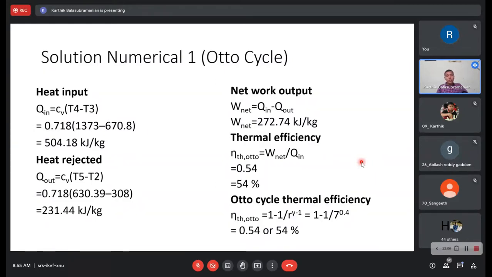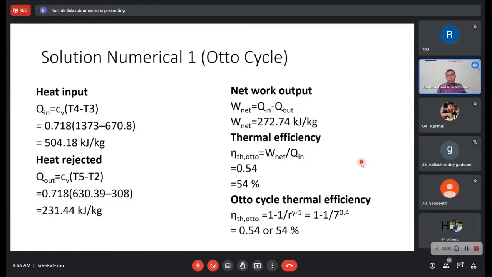In the same way, heat rejected, you can find out as CV delta T, T5 minus T2. Again, that's constant volume heat rejection. So what we'll have is 231.44. So the net work obviously is Q in minus Q out. So W net is 272.74 kilojoules per kilogram.